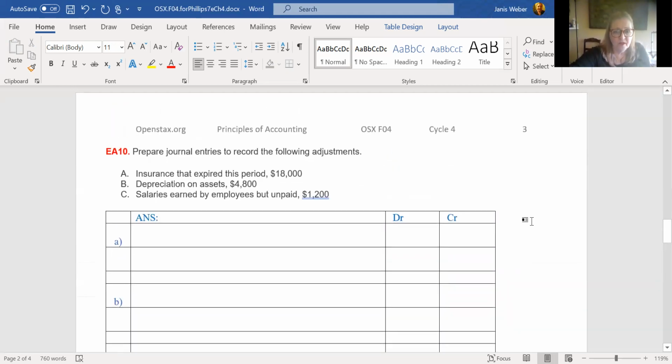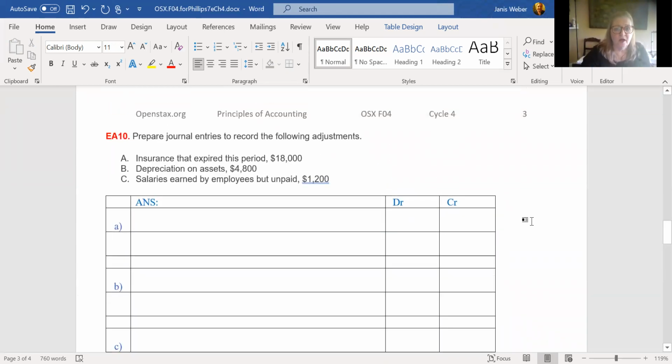Okay. Now this one, this is EA10, and it wants us to prepare journal entries regarding this insurance. Insurance that expired this period was $18,000. Now there's two ways they could tell you. They could tell you how much insurance was paid and then how much still remained unexpired at the end of the period, or they could just say how much expired.